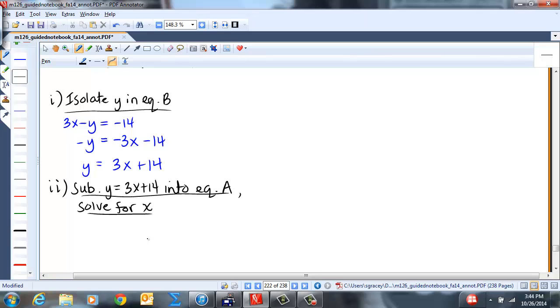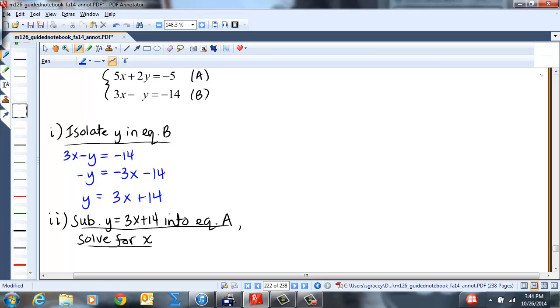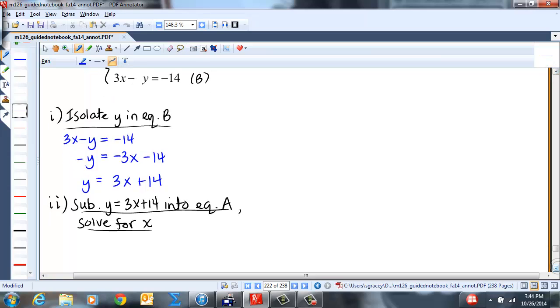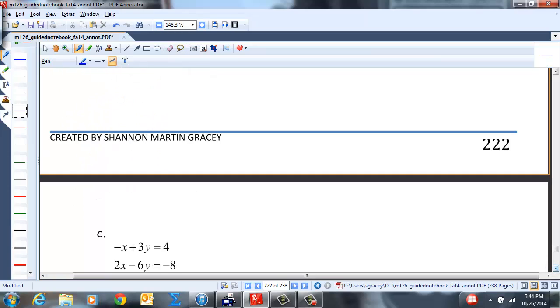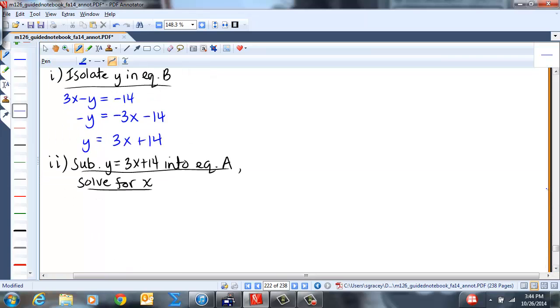So let's do it. Let's figure out our equation A first of all: 5x plus 2y is -5. We're going to take what we found for y and substitute that in. So 5x plus 2 times 3x plus 14 is equal to negative 5.